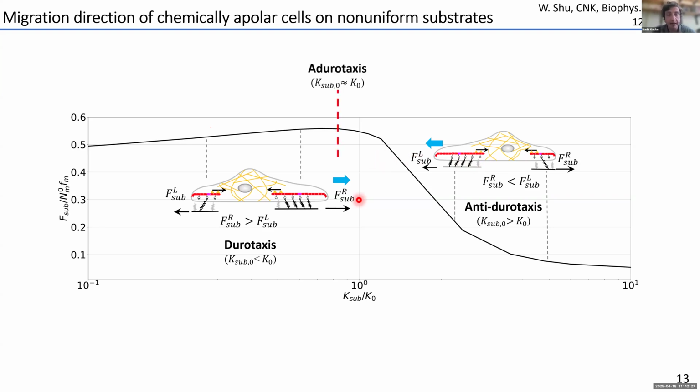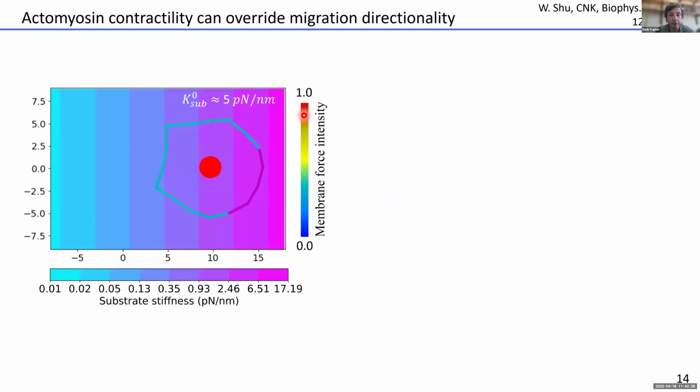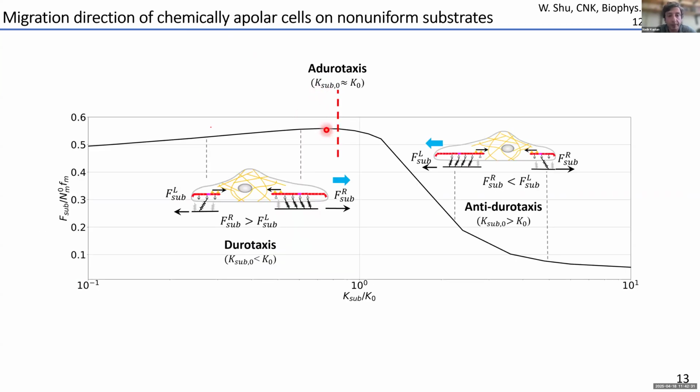But of course, now if you start the cell from around the threshold stiffness, then the cell will get stuck here simply because the forces at the rear and the front will be balanced, so the cell won't be able to move. So this is in fact a pure mechanics picture of how these effects can occur.